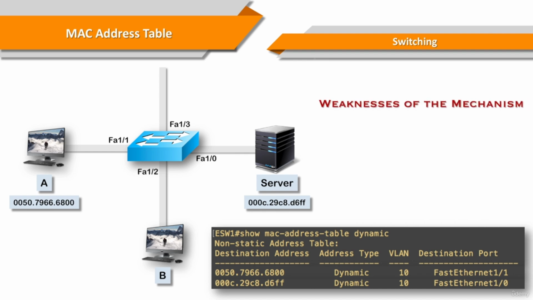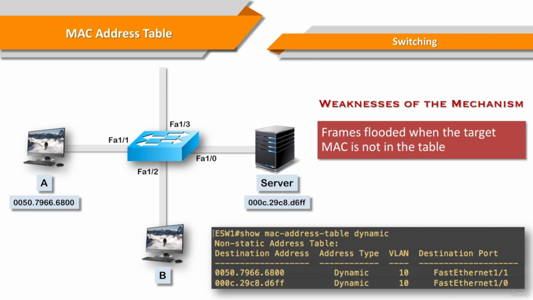Let's look at the switching mechanism from a cybersecurity point of view. The mechanism has two weaknesses in it. First, when the target MAC address is not in the MAC address table, the frames are flooded out of all the ports, so unintended systems on the network are capable of sniffing these frames.